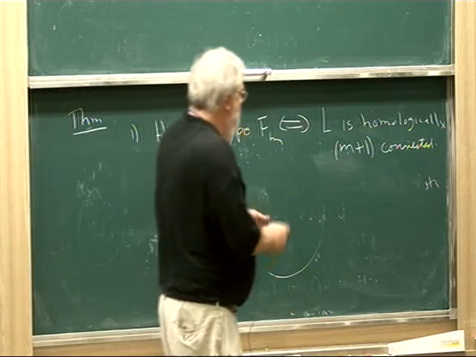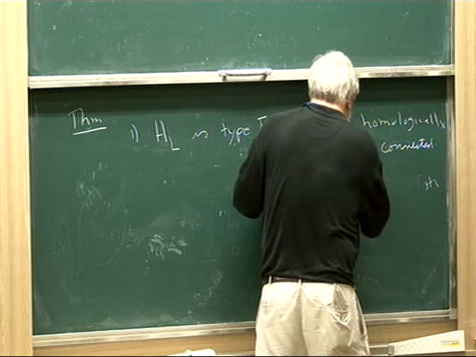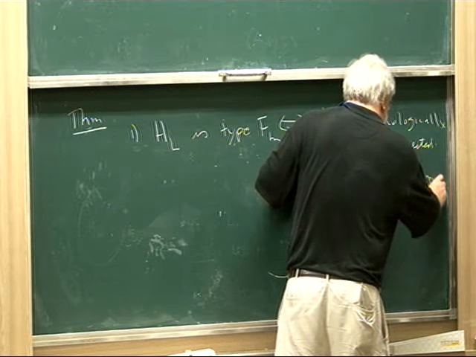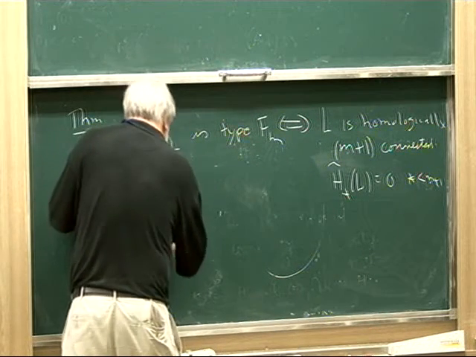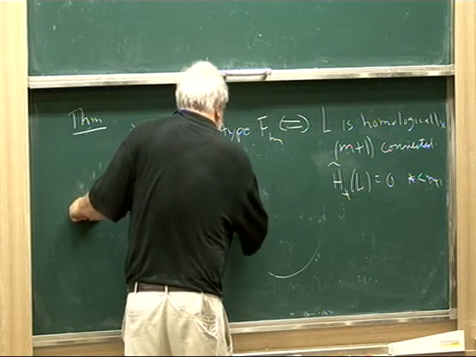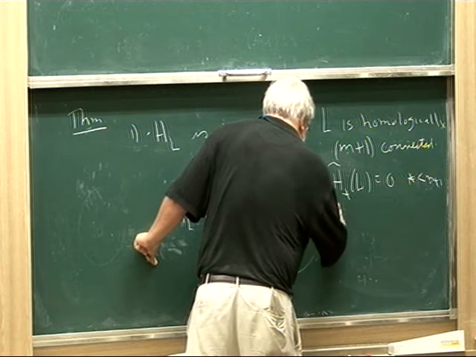Homologically m plus 1 connected means that the reduced homology of L is 0 for star less than m plus 1. And the second part is that HL is in fact FP if and only if L is acyclic.